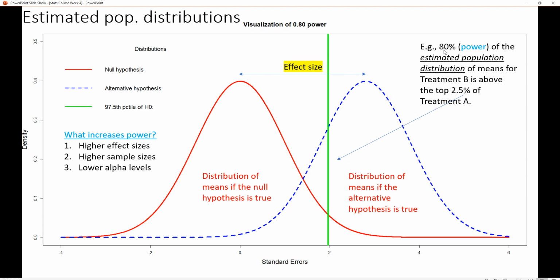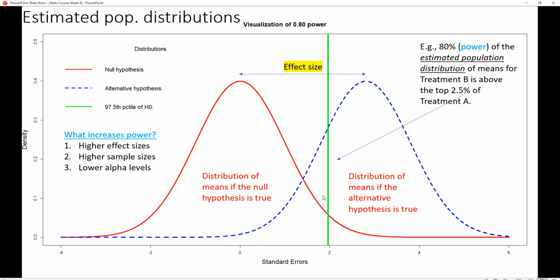For example, 80% power of the estimated population distribution of means for treatment B is above the 2.5% level of treatment A. So in this distribution, we see that where that 97.5% of the distribution is, is where this vertical green line is.